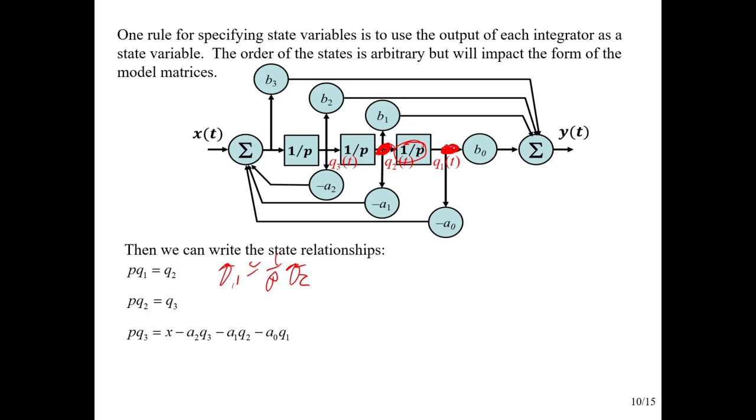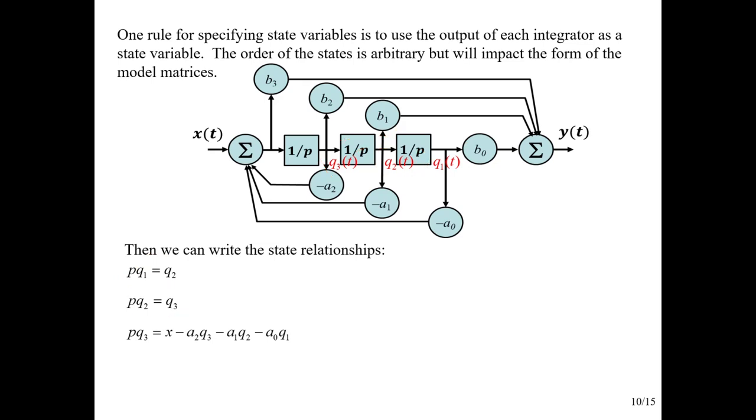We can think about that as just something that we can swing around almost as if it's a variable. It's not, but it will behave like that. So we can swing that over in the front. And now we see PQ1 is equal to Q2. So that describes what's happening here. It's a relationship between those two state variables. And then same thing here. PQ2 is equal to Q3.